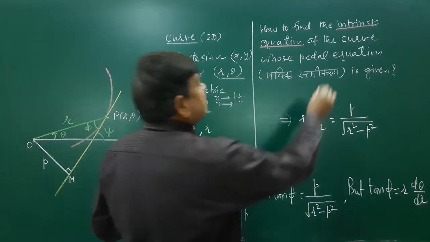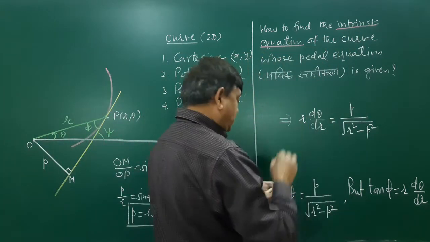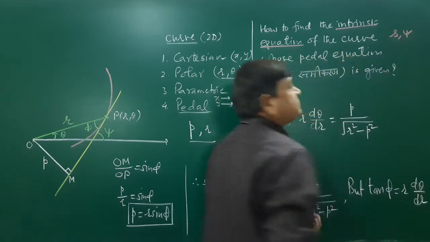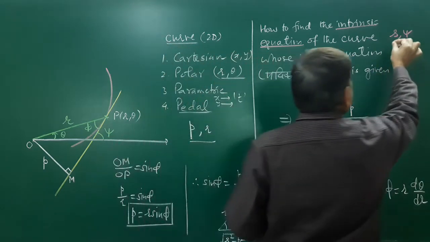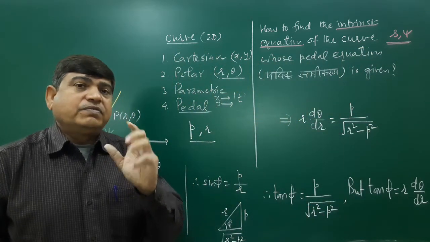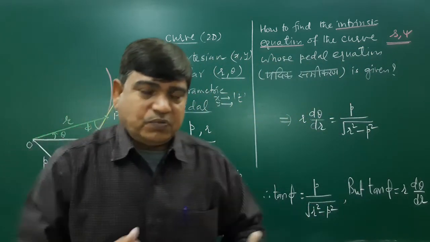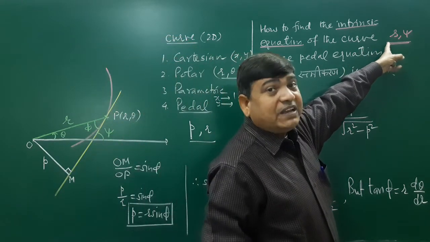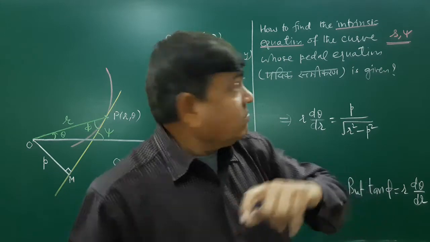Now we want to find the intrinsic equation, that means the relationship in s and psi. So in anyhow we want to modify the equation in such a way that we find the relationship in s and psi. But what is given?